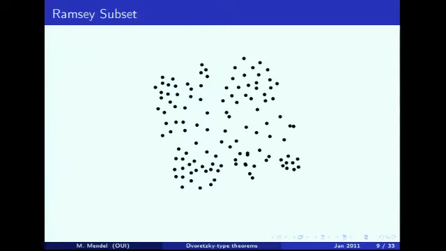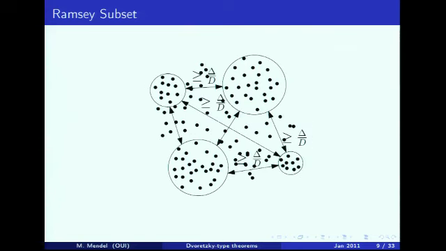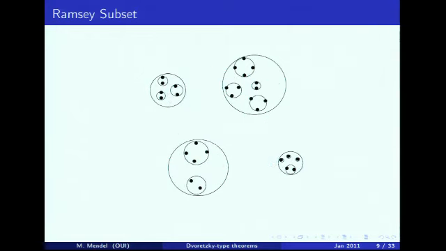And what we want to do is, given a cloud of points of diameter delta, find clusters of points with interdistance at least delta over D, sort out all the points outside of this cluster, and continue recursively this way and find a Ramsey subset, which is obviously a D approximate ultrametric.